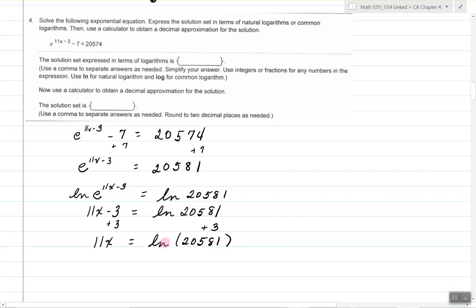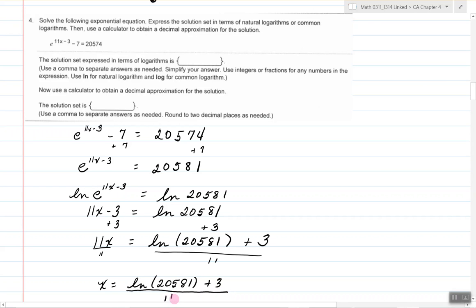That's the argument of the logarithm plus a plain old 3. Divide by 11, divide by 11, and x is equal to the natural log of 20,581 plus 3, all of that over 11.